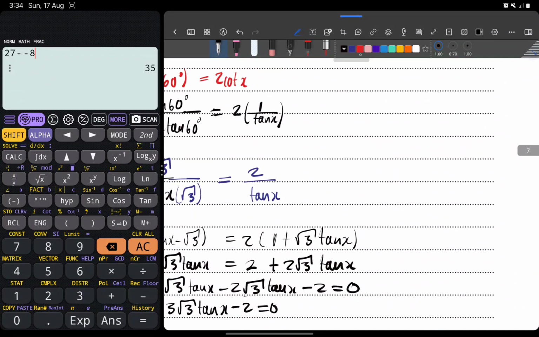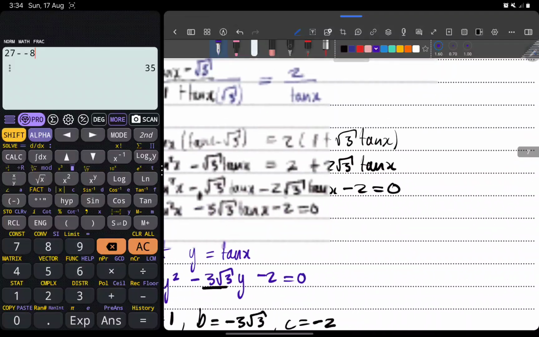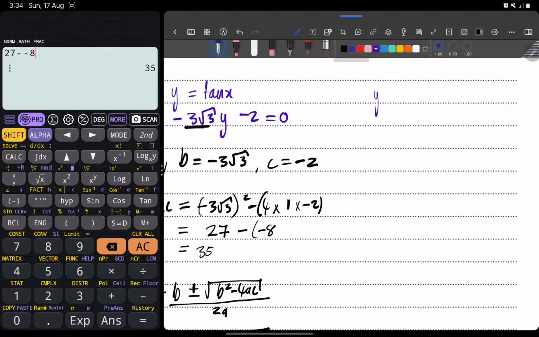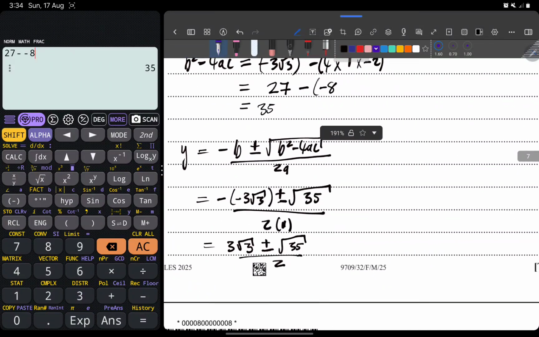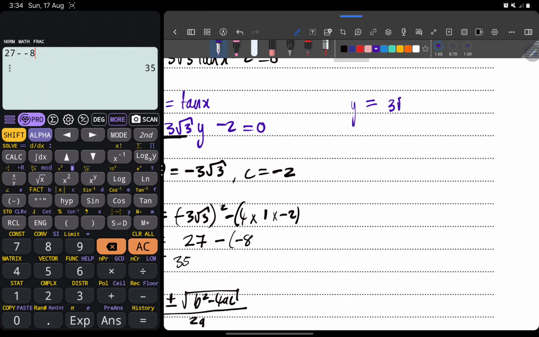Let's continue and get our y, then we'll get our tan x and we'll be done. You can say y is equal to, what are the two solutions? 3 root 3 plus root 35 over 2, or y is equal to 3 root 3 minus root 35 all over 2.